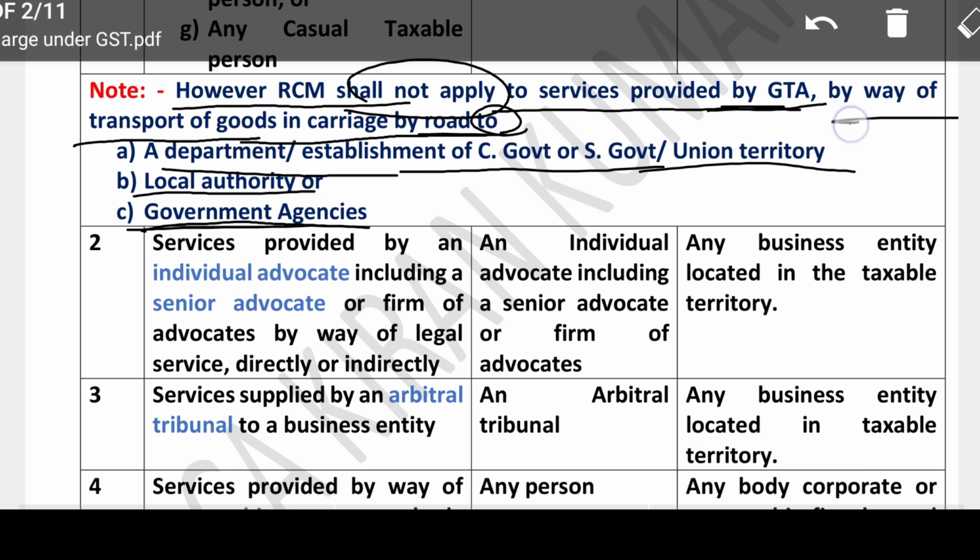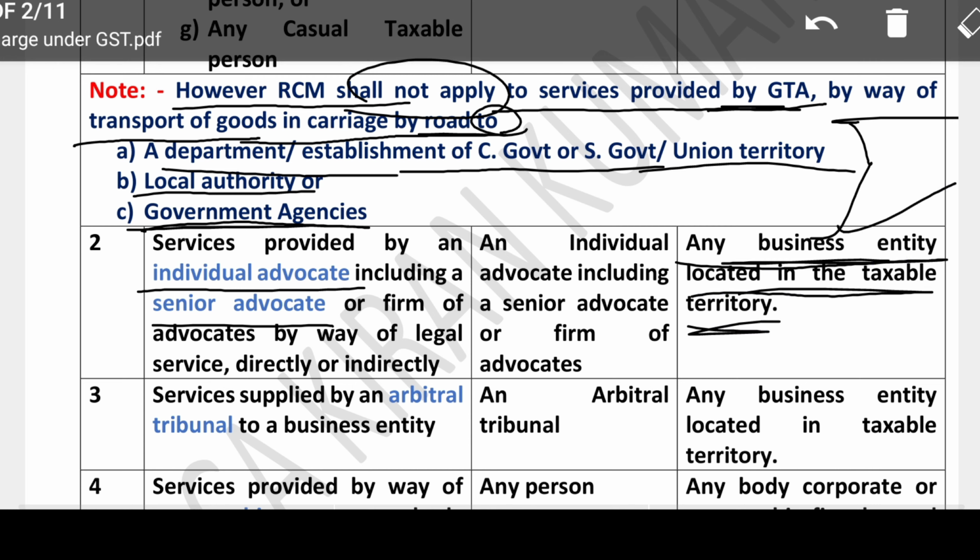When GTA provides services to these, RCM will not apply. Next, the services provided by an individual advocate or senior advocate to any business entity located in the taxable territory. In this case, the business entity is liable to pay GST under RCM. In case of services supplied by an arbitral tribunal to any business entity, in this case also the business entity is liable to pay GST on RCM basis.